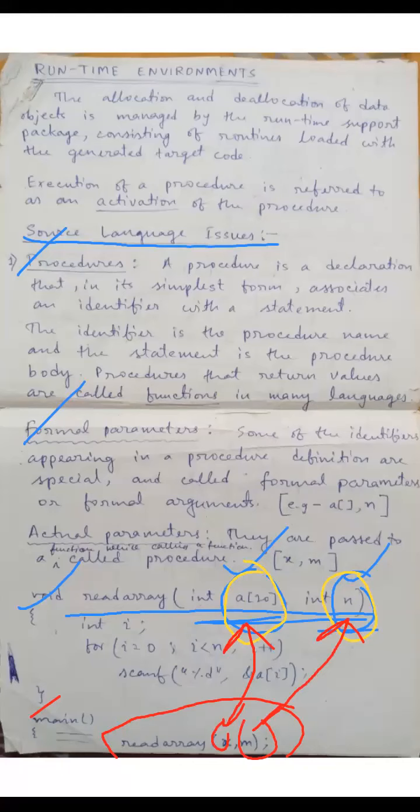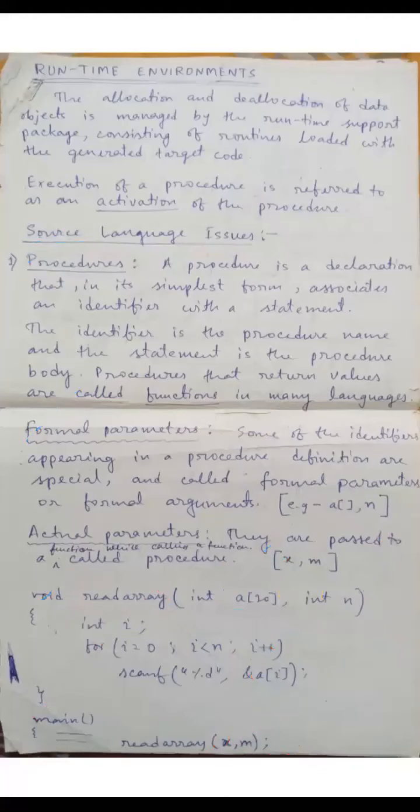But here x and m are specific values. So these two values, x and m, are called actual parameters, because these values will be copied into a[20] and n, and will be used during execution of the function read array. So for any function or procedure, there are two types of parameters: formal parameters and actual parameters.